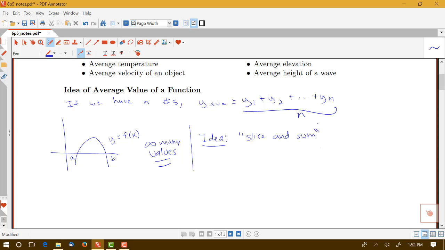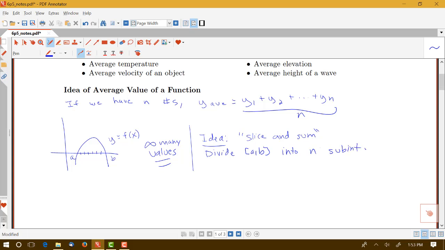Just like in many of our integral applications, we want to think about first breaking up this interval into lots of subintervals, and then adding up something for each of those subintervals. So we're going to divide our interval, a b, into n subintervals.